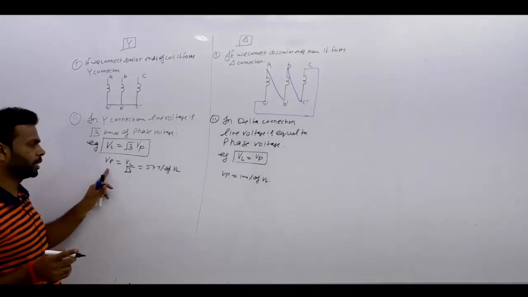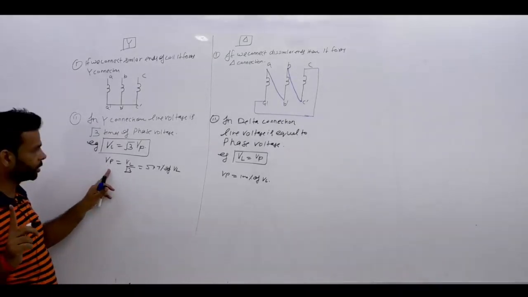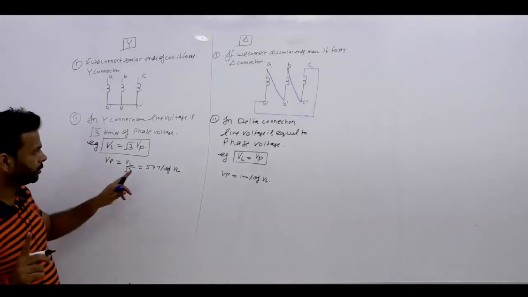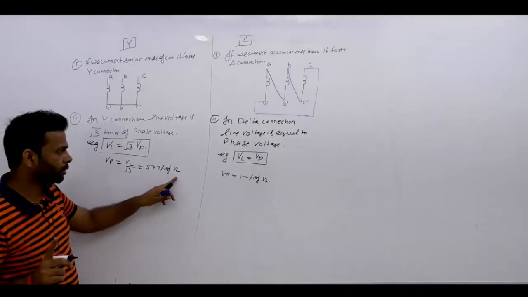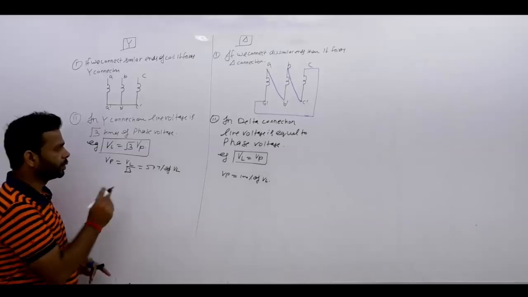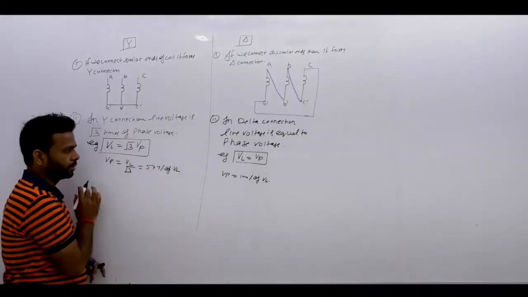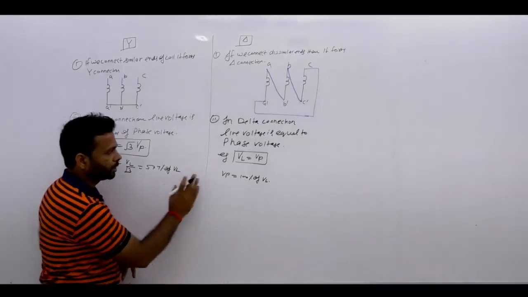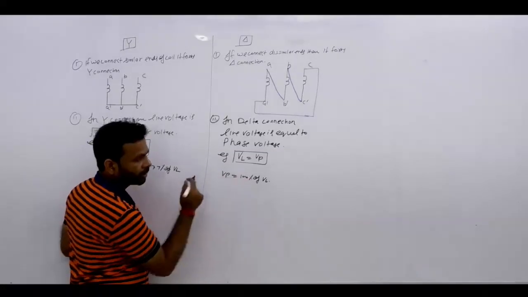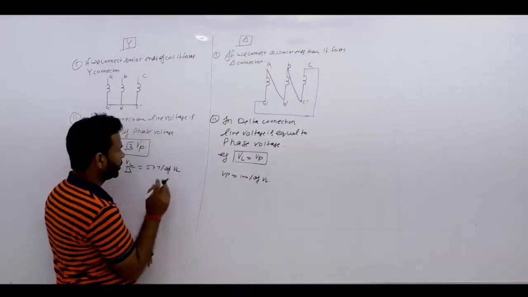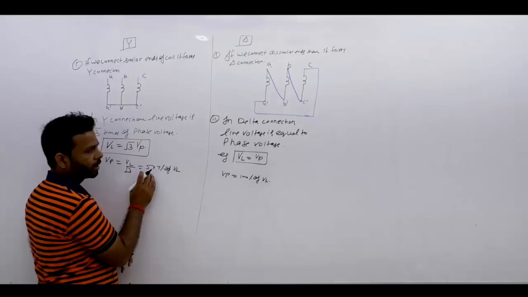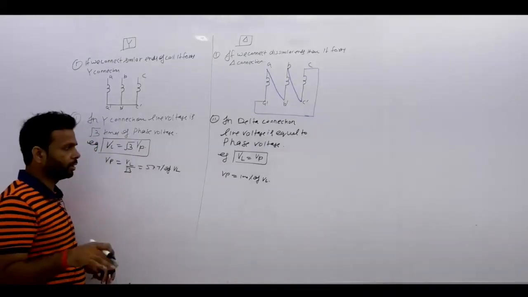So in case of star connection, the insulation is 57% of the line voltage, or we can say the insulation required is 57% or 58%. But in case of delta connection, you require 100%. Okay, so in case of star connection, you require less insulation.